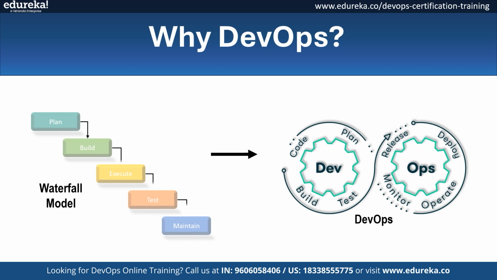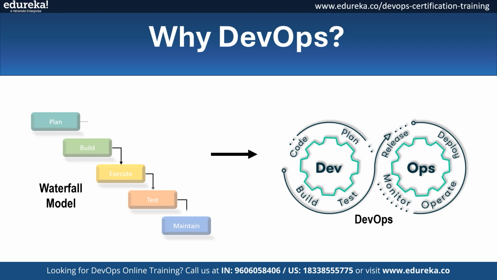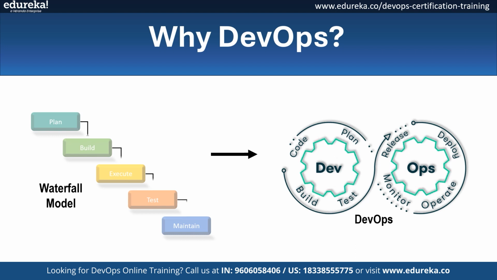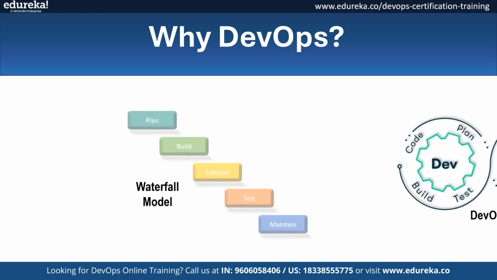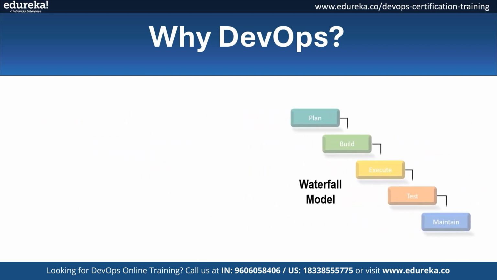Well, the shift from waterfall model to DevOps was primarily motivated by a combination of technological advancement, evolving business requirements, and the realization of the constraints posed by the waterfall approach. There are several key reasons why organizations have transitioned from the traditional waterfall approach to adopting DevOps practices. Now, let's explore these reasons in detail.